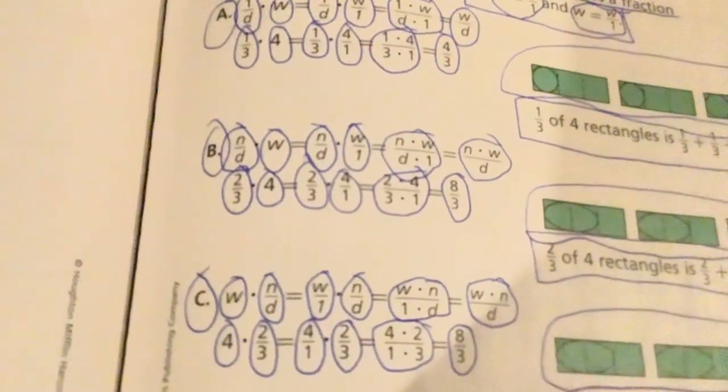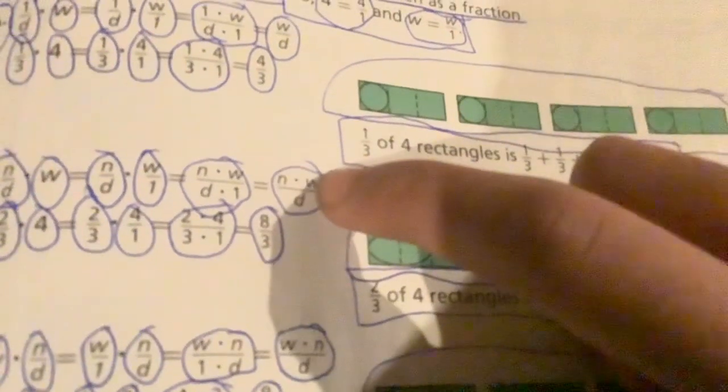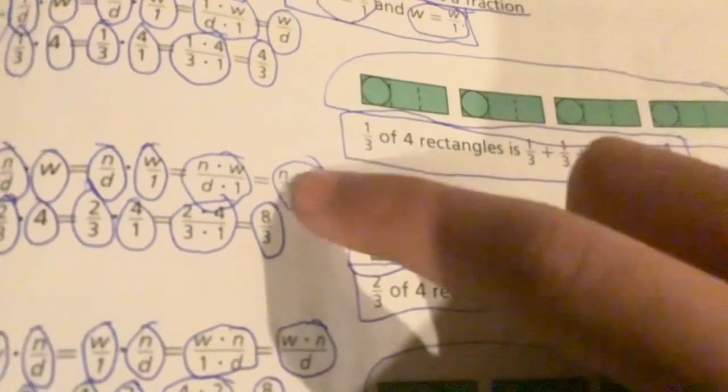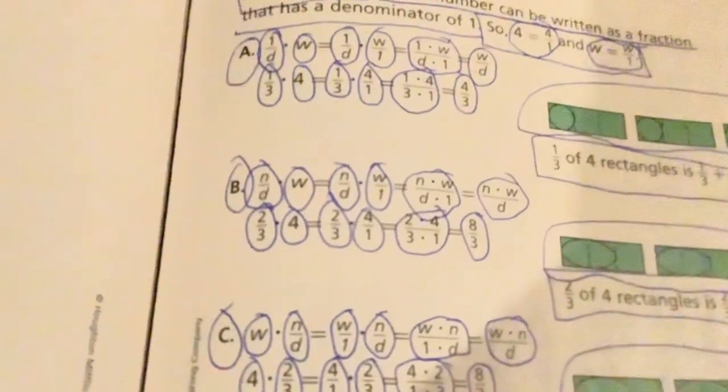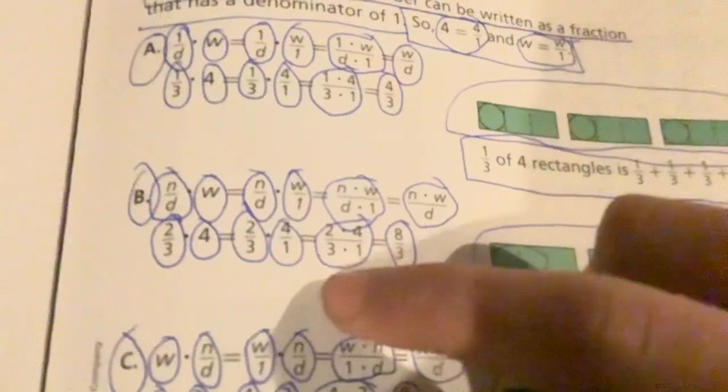Yes, but there is also another example in which you could do it. B indicates that you do not need to completely simplify the fraction. You could leave the numerator as the equation, but leave the denominator as a whole number. For example, n over d times w equals n over d times w over 1.